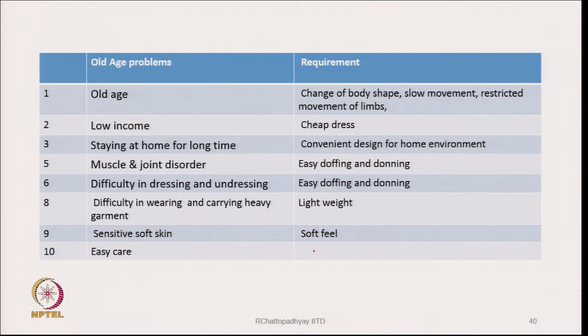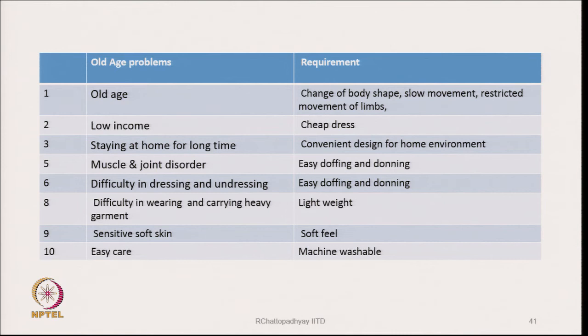Then easy care. Easy care means basically the garment should be machine washable, so that you do not need hand wash, something which can be easily washed using a washing machine. So, the problems and the corresponding requirements from the designer's perspective are listed here.